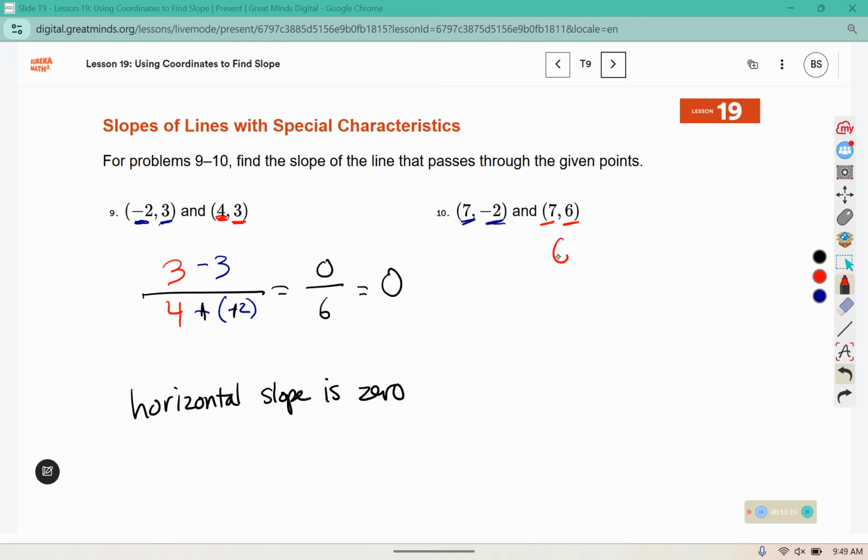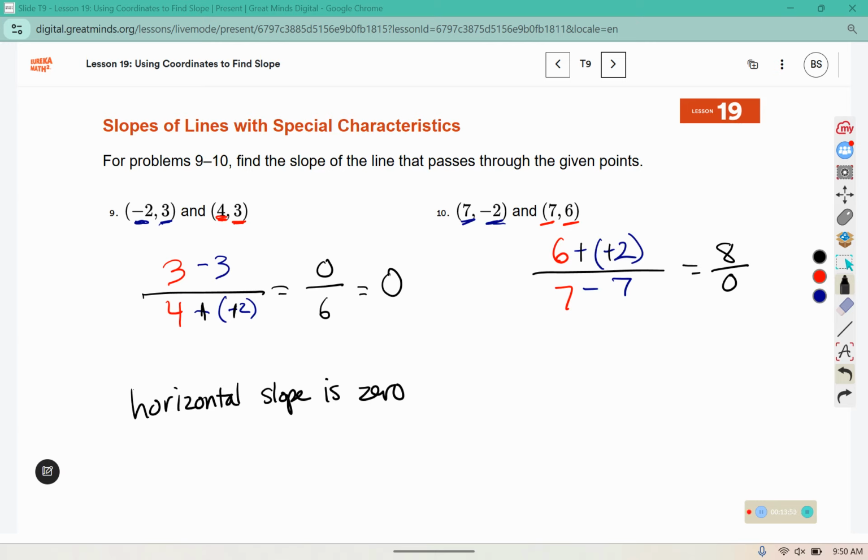Here we'll start with the y values from y2 and subtract the y values from y1. Then we will divide by the x values. Six plus 2 is 8. 7 minus 7 is 0. When you try to divide by 0 on a calculator, you might get a divide by 0 error.